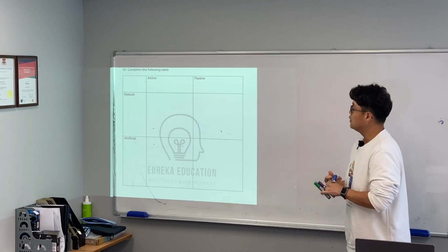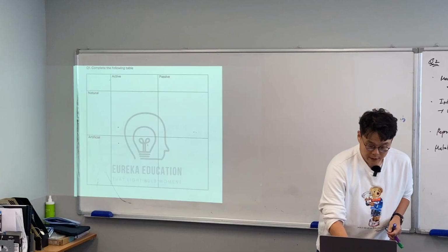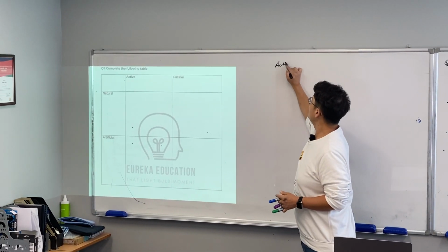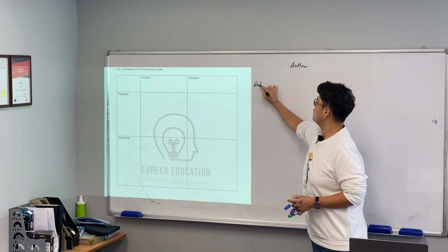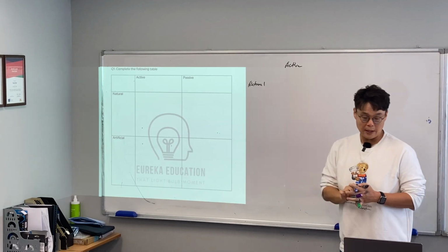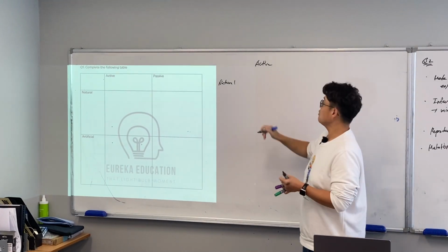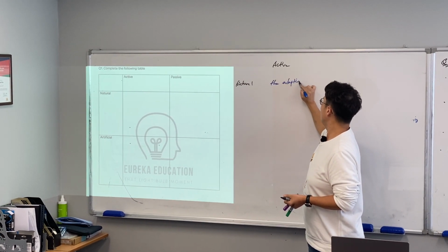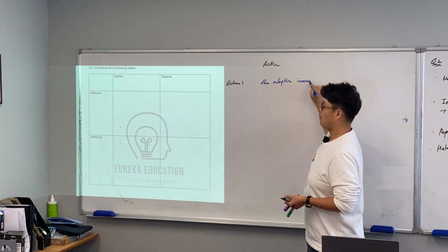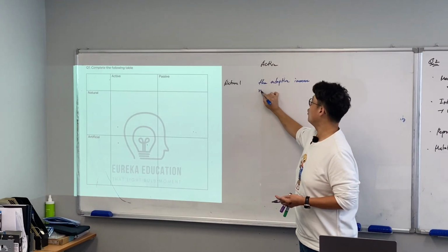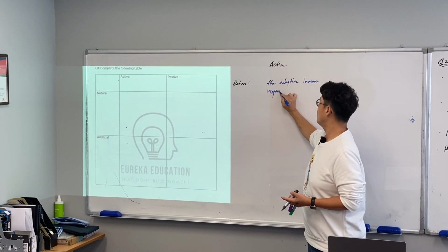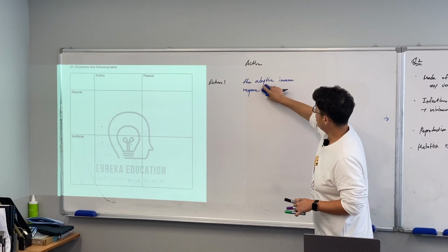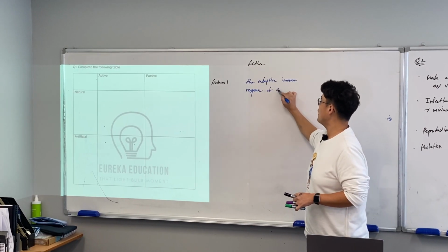Okay, starting with the active. It's basically what we said as active and natural, the activation of that. This is simply known as the adaptive immune response of an individual.